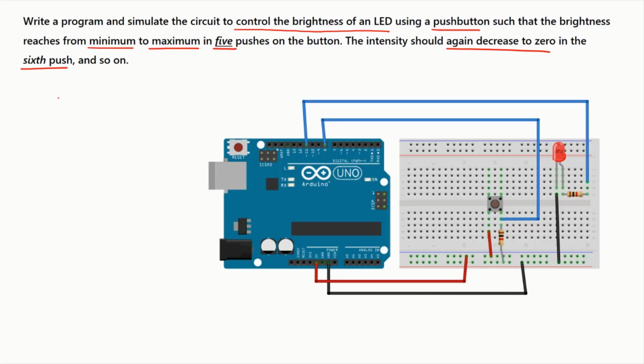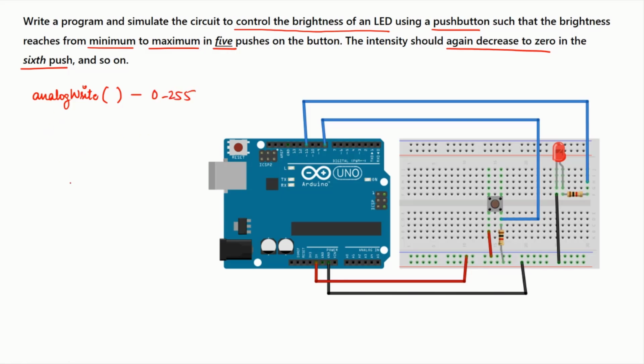That means, say if I was representing the brightness and connecting the LED to a certain pin where I'll be using analog write function to write the intensity. So I know that this intensity would then have to be on a scale of 0 to 255, right?